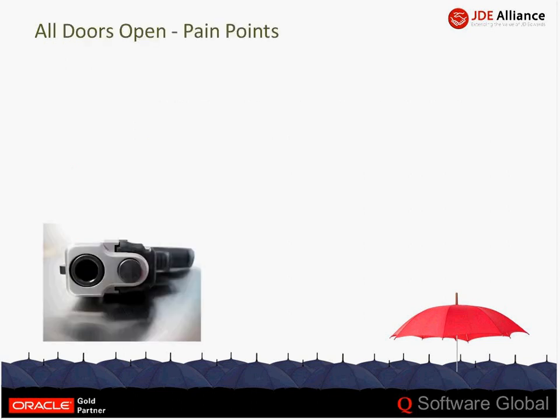Okay, so let's just set the scene a little bit and talk about all doors open, all doors closed security. Many of you know what I'm talking about, but I'm just going to explain for those who don't. So JD Edwards out of the box is all doors open. So a user can access whatever they want, do whatever they want within JD Edwards.